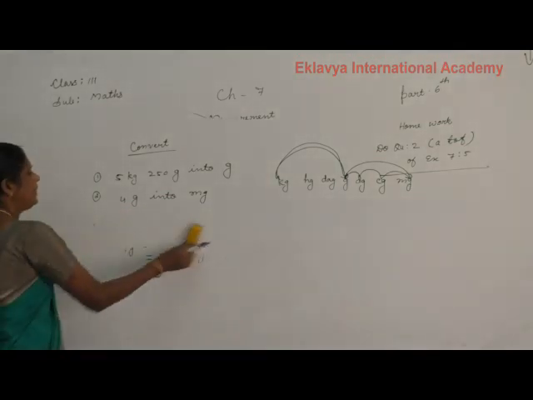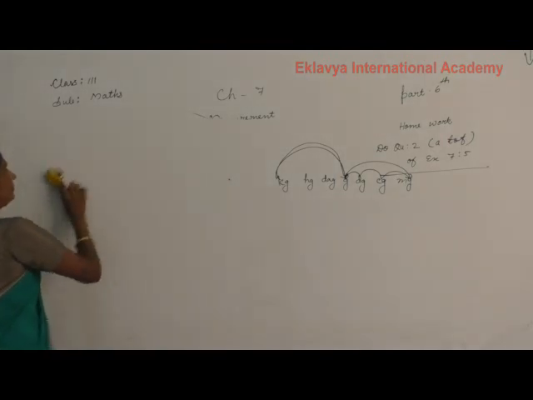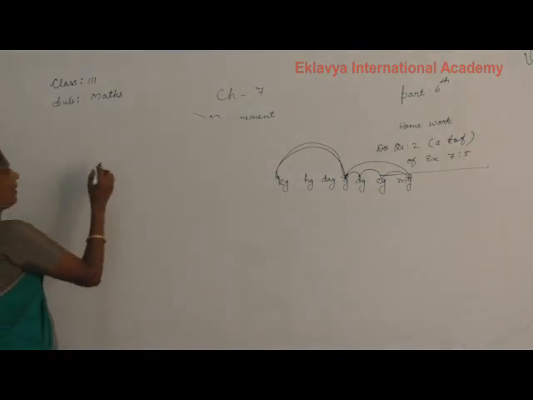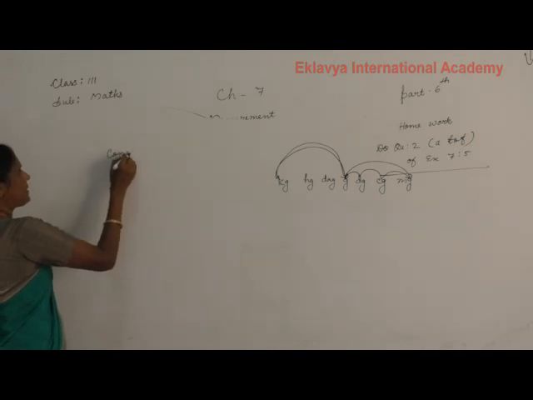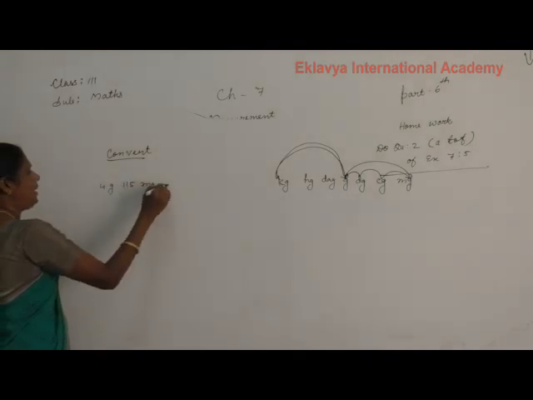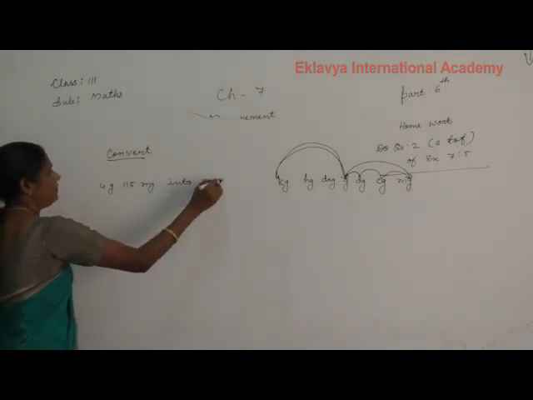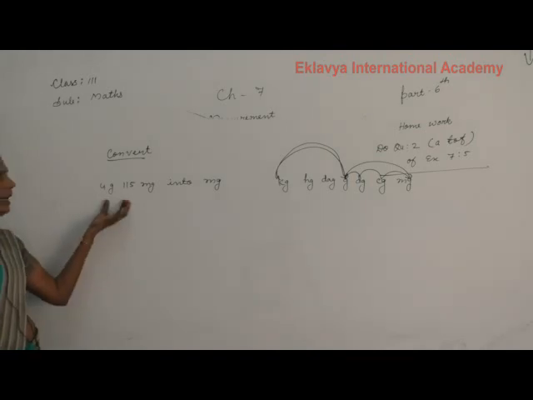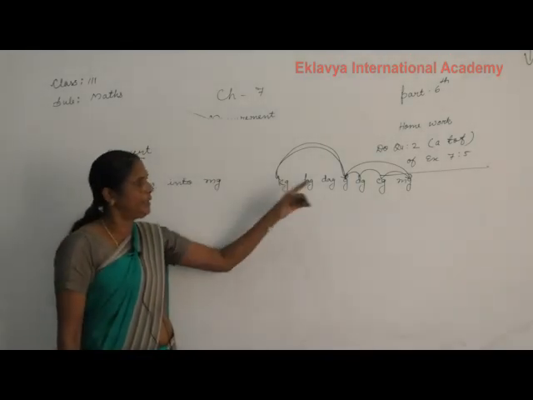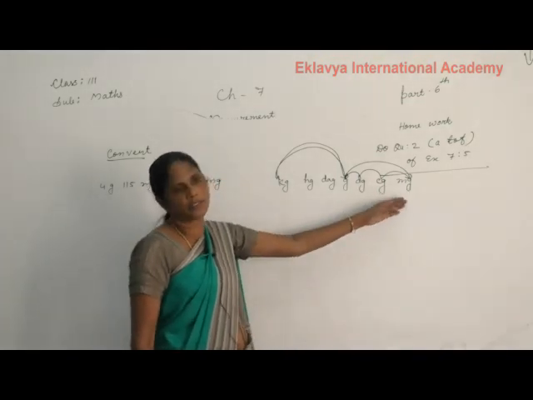Now another question. Convert, this is our heading, 4 gram 115 milligram into milligram. Gram into milligram, we multiply by 1000.